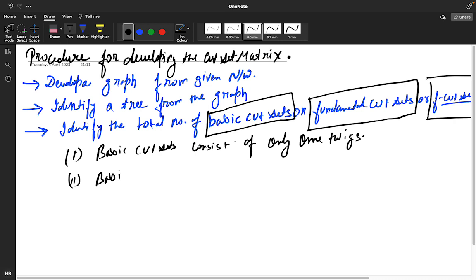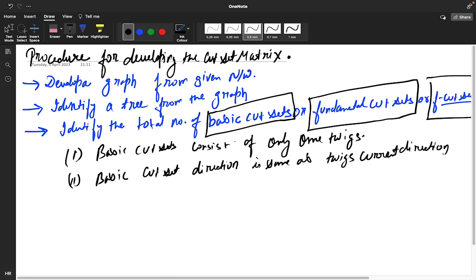And the basic cut set direction is the same as the twig's current direction. Yesterday I taught you the meaning of twigs. In a tree we had seen what twigs, links and all are.